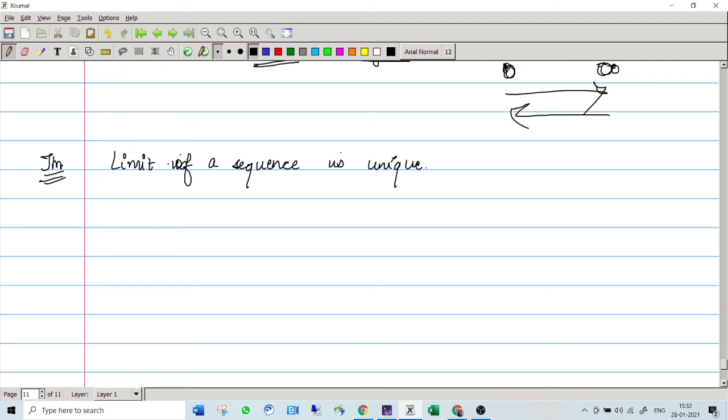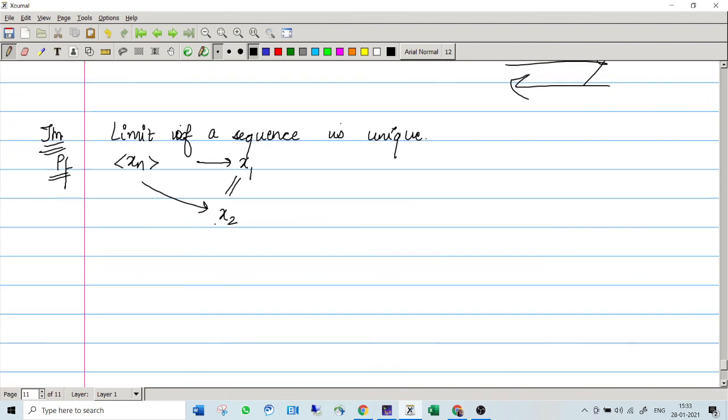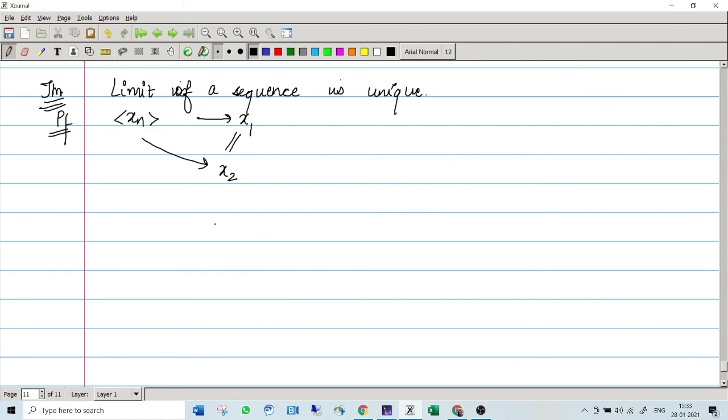So let us try to prove this कि अगर हमारे पास कोई सीक्वेंस है जिसकी कुछ लिमिट है, तो लिमिट has to be unique. मतलब सीक्वेंस अगर है xn, suppose वो x1 को कन्वर्ज करती थी and suppose वो x2 को भी कन्वर्ज करती थी, then we will show कि ये दोनों are one and the same numbers, they are not different at all, right? So let us now try to solve for limit of a sequence is unique.